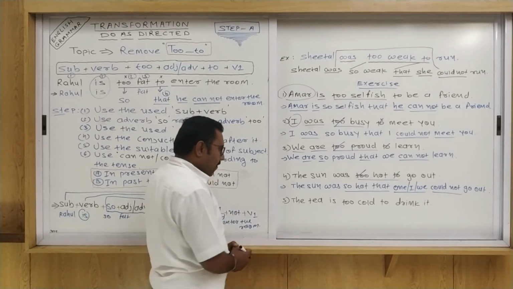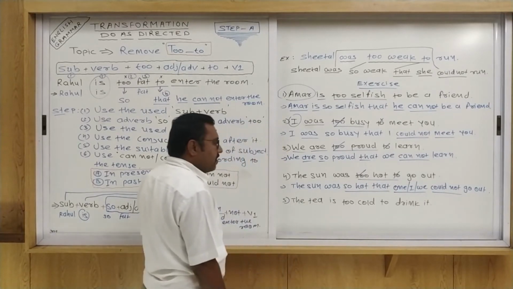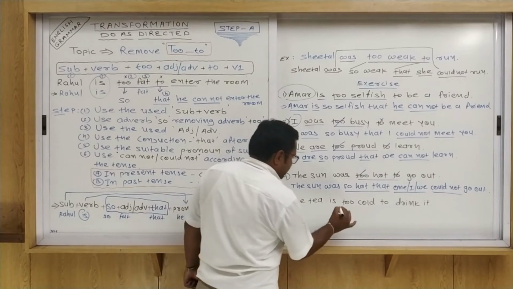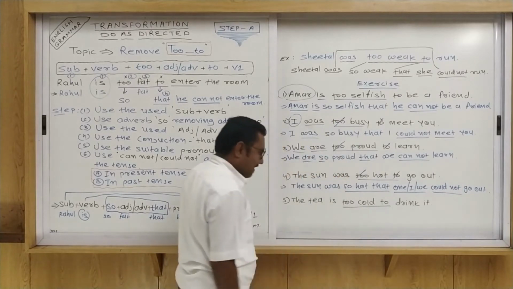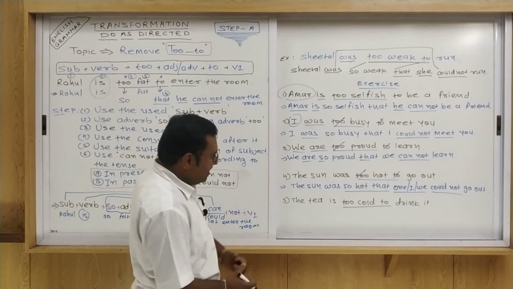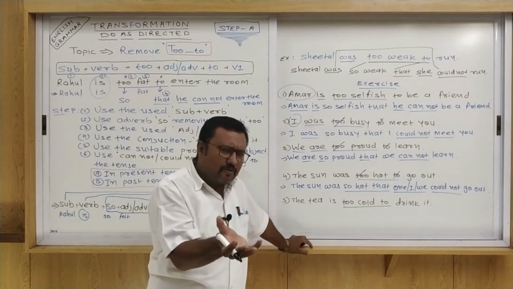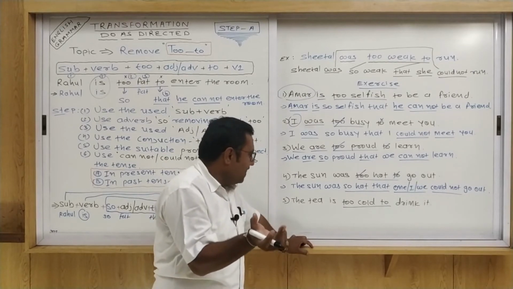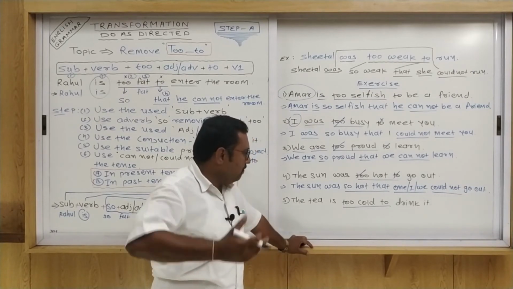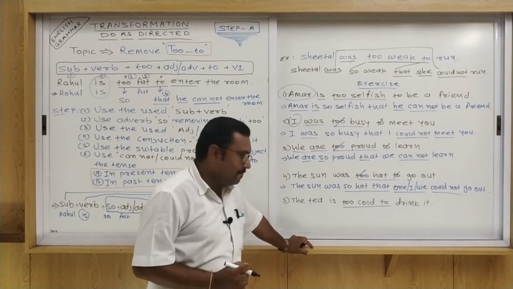Okay. Now, tea is too cold to drink it. The last sentence is also the same thing. To whom is the tea too cold? For a person.